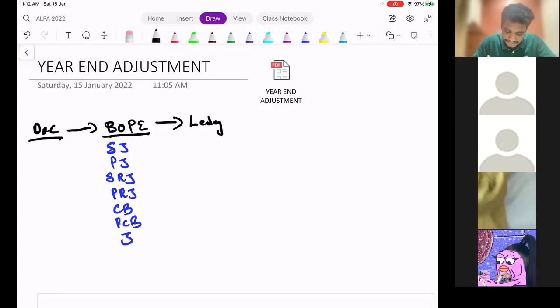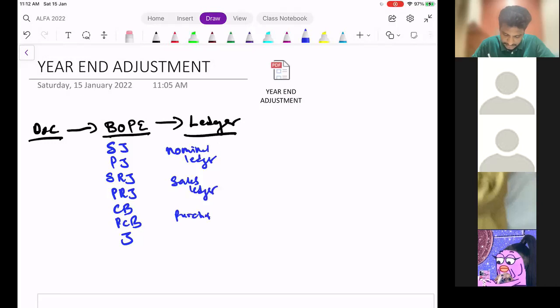In the ledger, we have 3 ledgers: the sales ledger, the purchases ledger, and the nominal ledger. The sales ledger records all the trade receivables, the purchases ledger records all the trade payables, and the nominal ledger is for accounts other than trade receivable and trade payable.